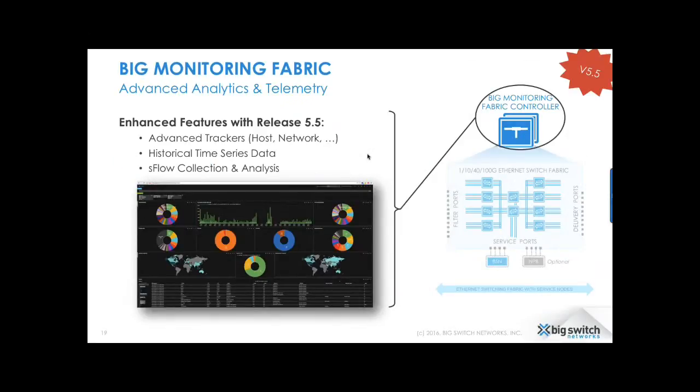So in addition to providing you snapshots at a single point of time in terms of what are the hosts, what are the DHCP requests coming into your production network, we are now collecting a lot of that information into this advanced analytics and telemetry node. Think of it as deployed as a virtual machine on the same controller appliance or a separate appliance, but this is collecting a lot of information, sniffing a lot of information that is relevant when you're trying to find a needle in a haystack.